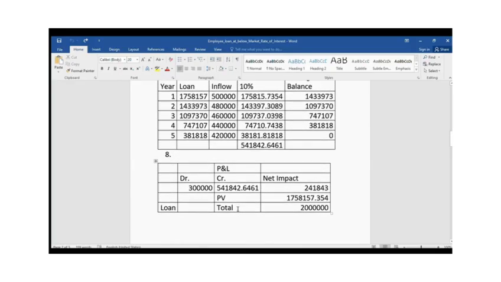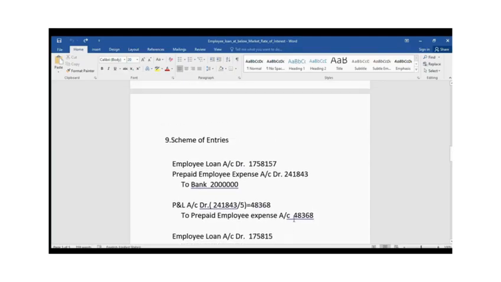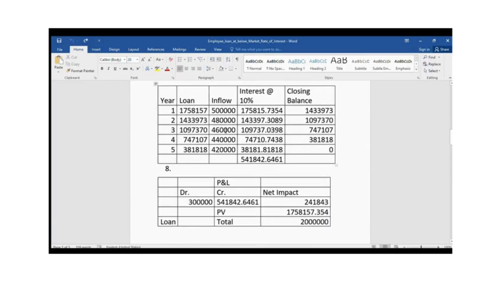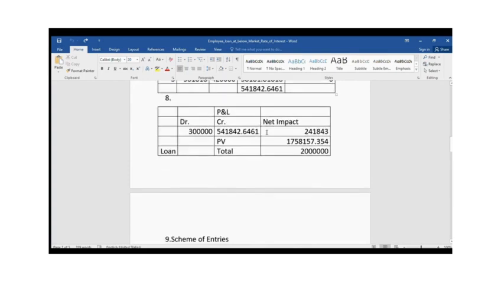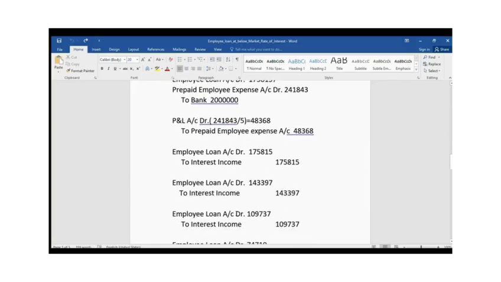In the year 2, the 10% interest amount is 143397. So in the year 2, the employee loan account would be debited 143397 to interest income account 143397. In the year 3, 109737 is the interest income. So employee loan account would be debited 109737 and to interest income 109737.